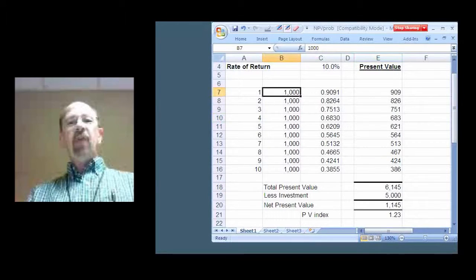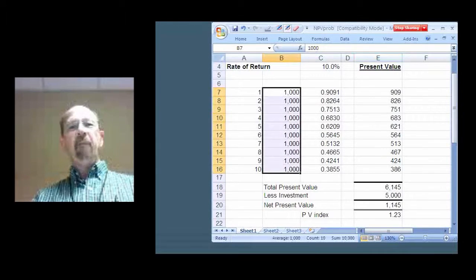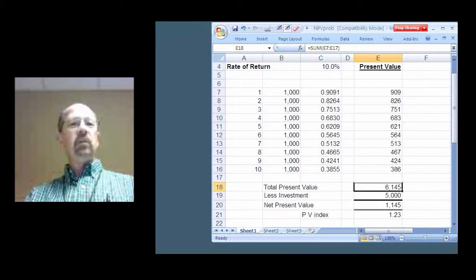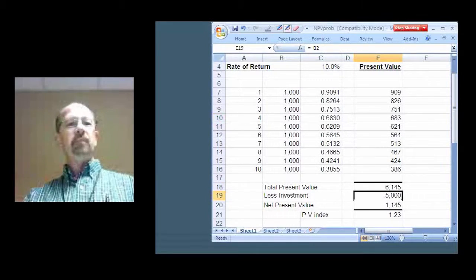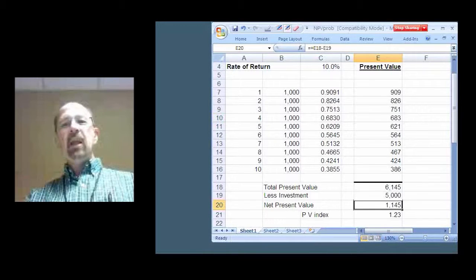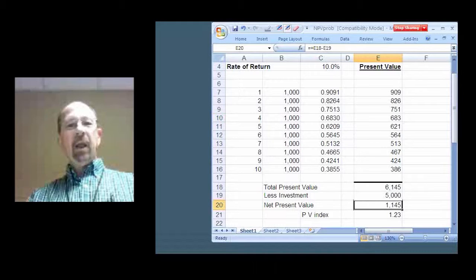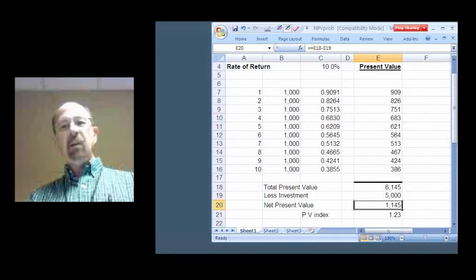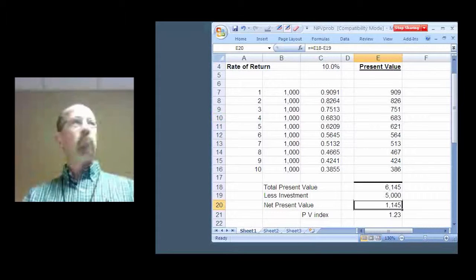This net present value says, okay, if I add up all the future cash flow for 10 years, in today's terms, it's worth $6,145, even though it's a full $10,000 that I would get over those terms. Really, today, it's only worth $6,145. If I subtract my investment, which was $5,000, my net present value is a positive $1,145.